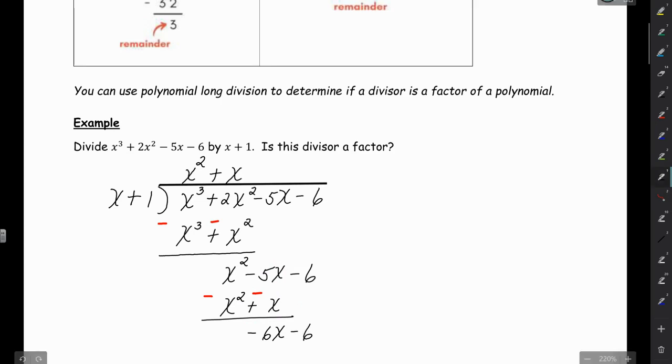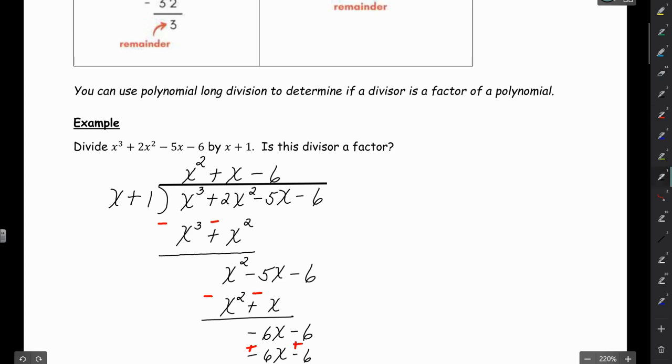Repeat the process. So x times what is going to give me minus 6x? That would be minus 6. Minus 6 times x gives me minus 6x. Minus 6 times 1 gives me minus 6. Do a sign change.